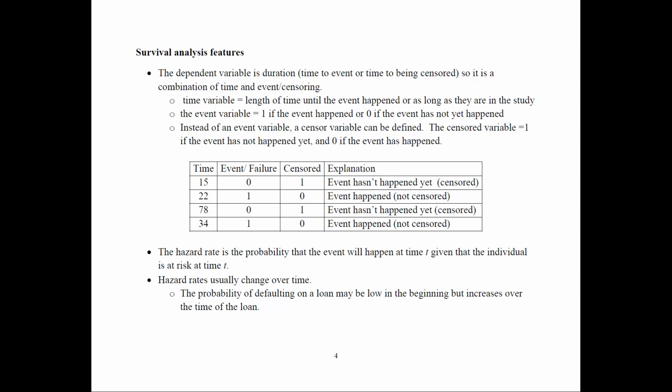And that hazard rate will change over time, because say the probability of defaulting on a loan may be low in the beginning because you're already checked, you have your job and things like that. But as time unfolds and things happen to you, like your marital status changes, or you may lose your job or something like that, the ability to repay the loan may change over time. So this is when we see that those hazard rates can change over time.